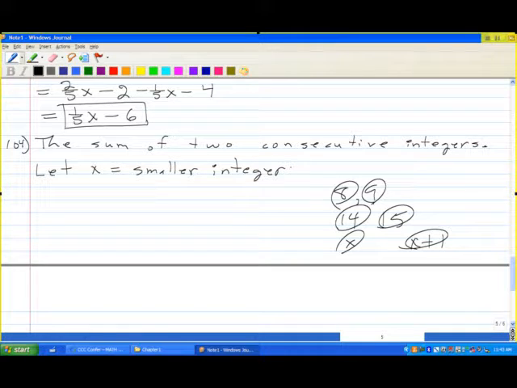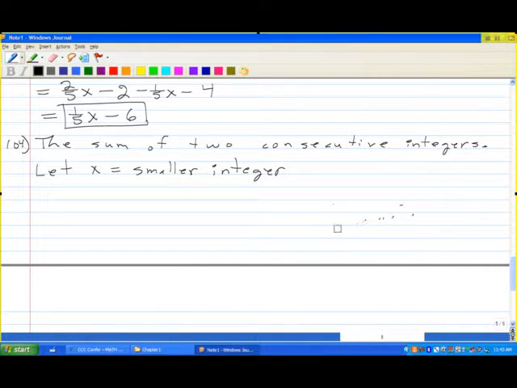Then x plus 1 is the next consecutive integer.